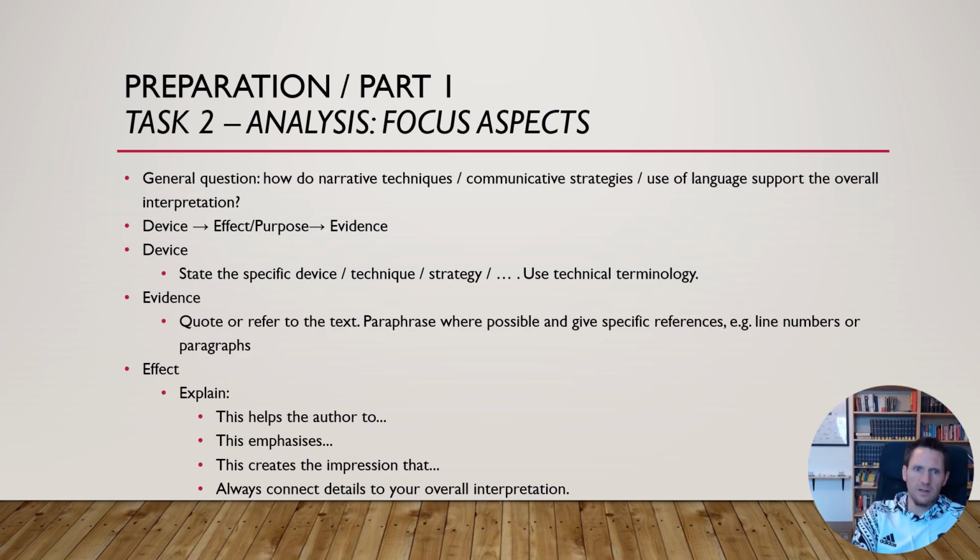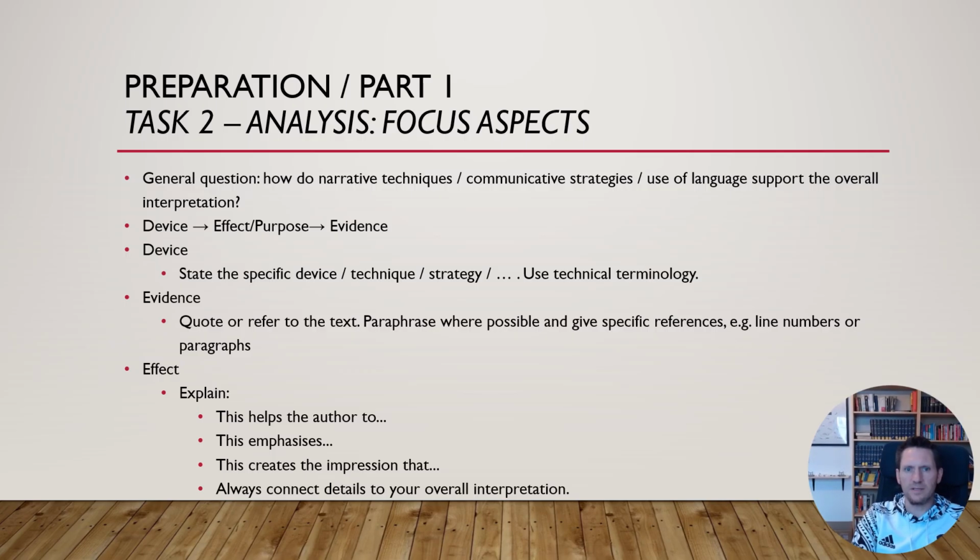For example, you can use phrases like: this helps the author to, this emphasizes this and that, this creates the impression that. And remember, analysis is never just about identifying techniques. The techniques themselves are not that interesting.